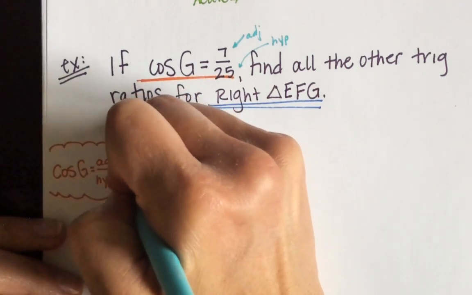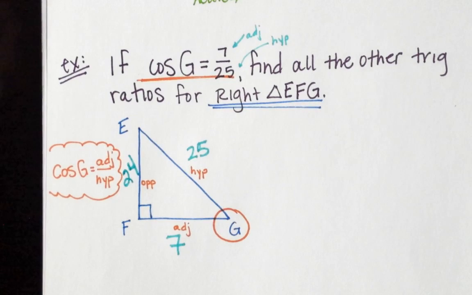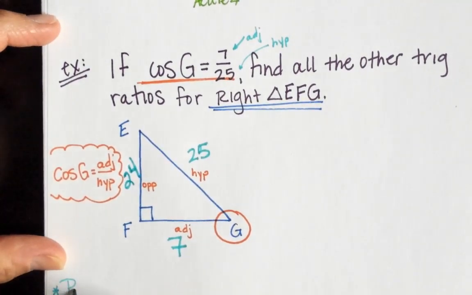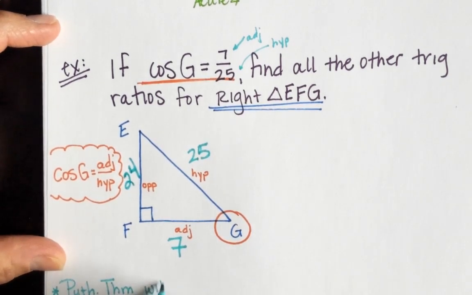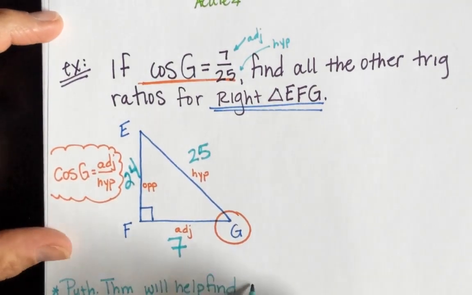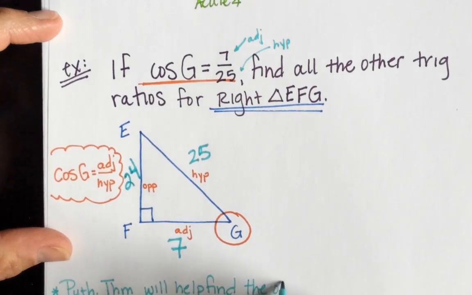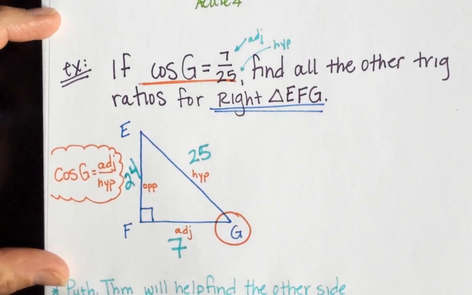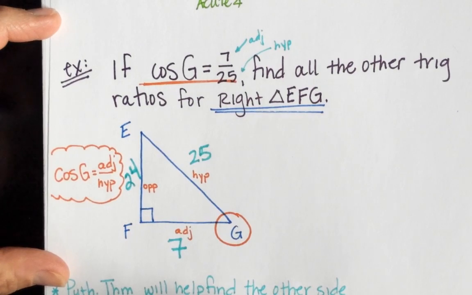And you don't have to do the Pythagorean theorem. Obviously, most times the Pythagorean theorem will help you find that last side, but this one was our Pythagorean triple.